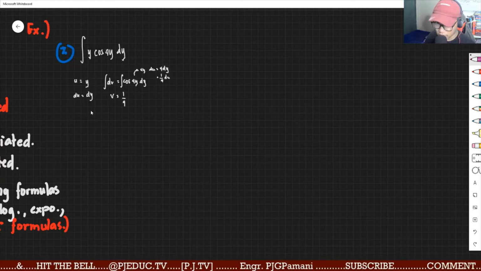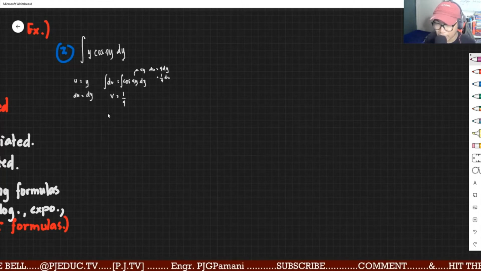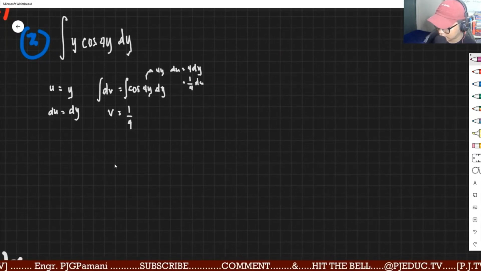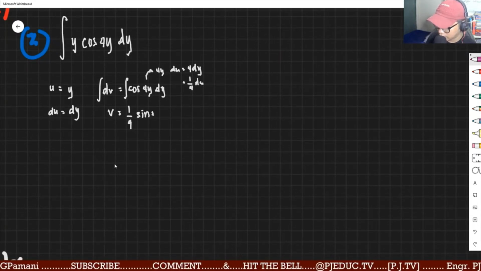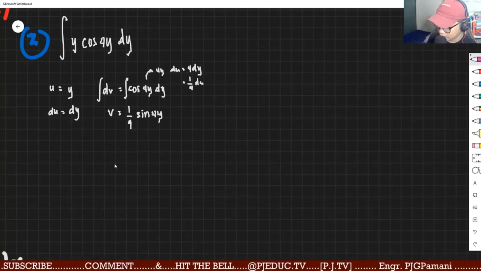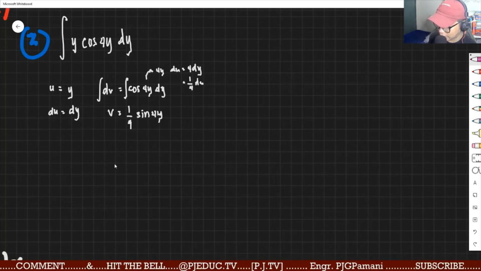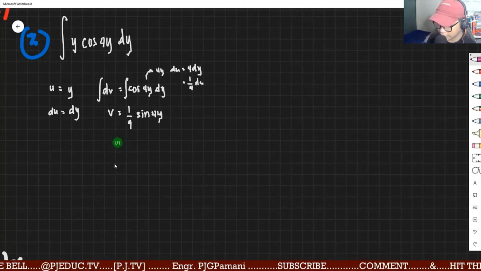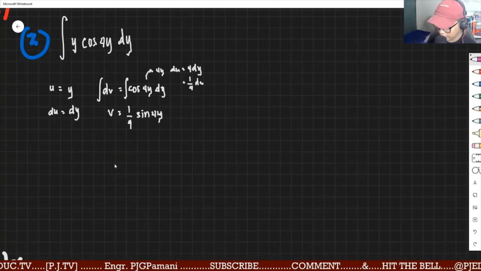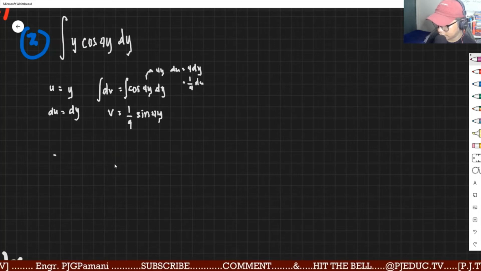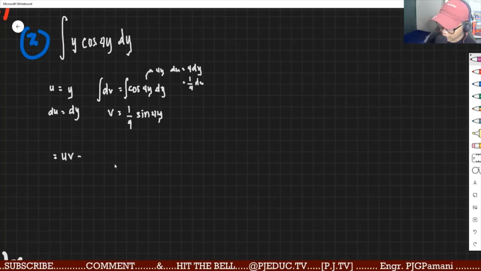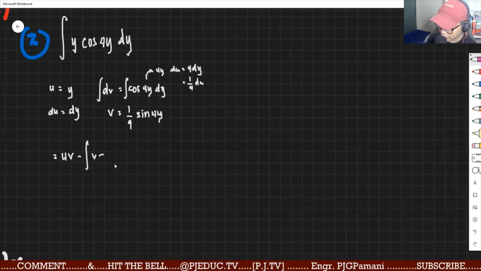Then integral of cosine is basically what? Positive sine. Sine 4y. So ngayon, alam na natin yung apat na terms: u, du, dv, tsaka v. Let's use our general formula, which is now the product of function u times v minus the integral of v du.